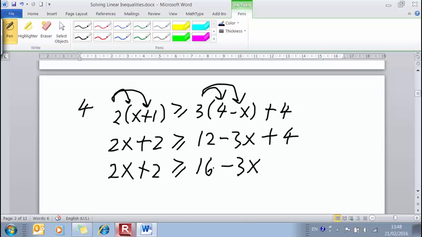Now, you notice that in this inequality, we have terms with x appear on both sides, which are 2x and negative 3x. We would want to get the term with x on the same side. In order to do this, we will add 3x to this inequality.